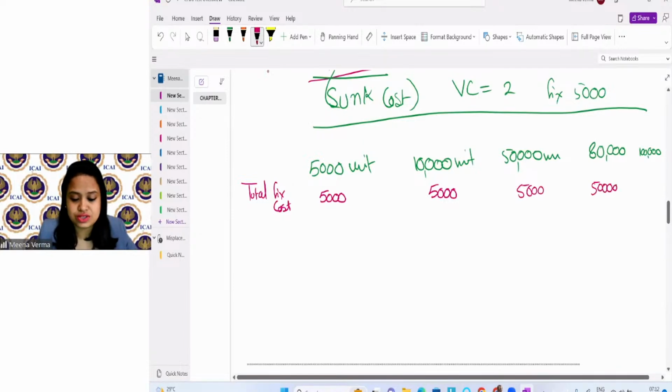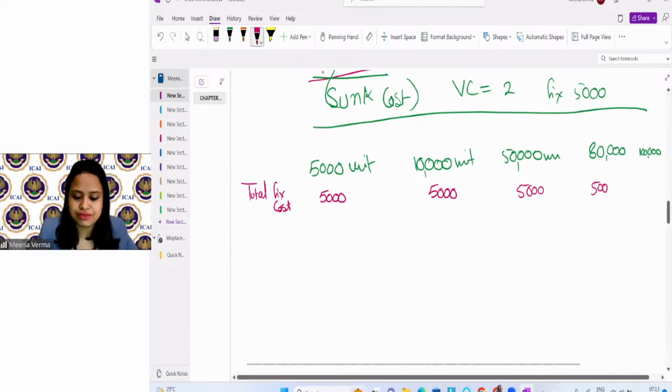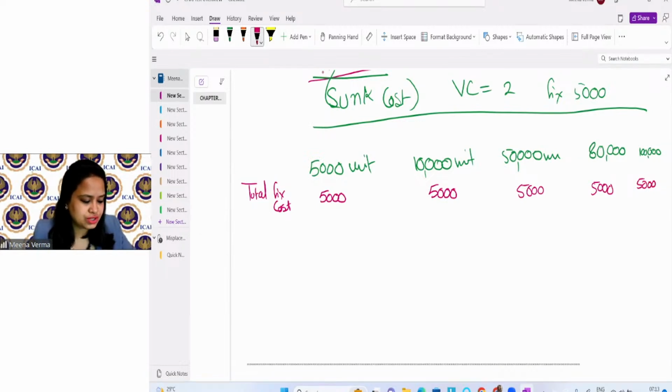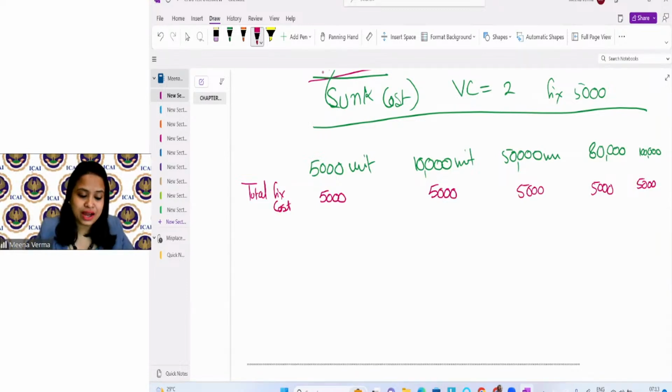Here also, and in this case also, my fixed cost is 5,000. You can see here, when I'm increasing the production, my fixed cost remains same. It is actually not increasing. Irrespective of what units I'm producing, it remains same. And for that reason, if it is same, it is not impacting the decision, right?